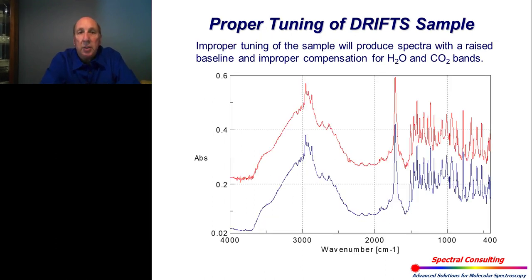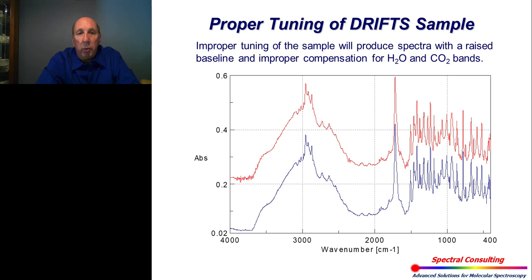One of the things that's critical with diffuse reflectance is that we properly tune the sample cup every single time we collect a spectrum. In this case, we're looking at the spectrum in the absorbance format with the peaks pointing up. These are interchangeable, percent T and absorbance. There are often adjustments on mirrors or the height of the cup relative to the collection optic.